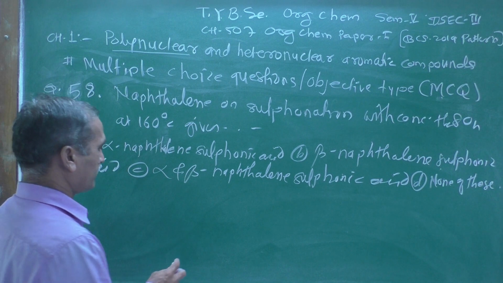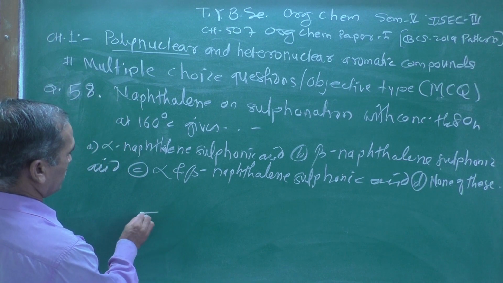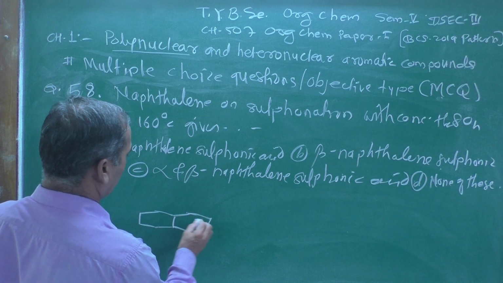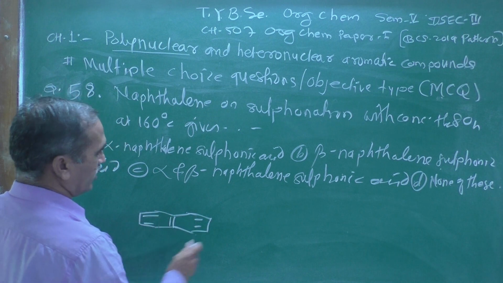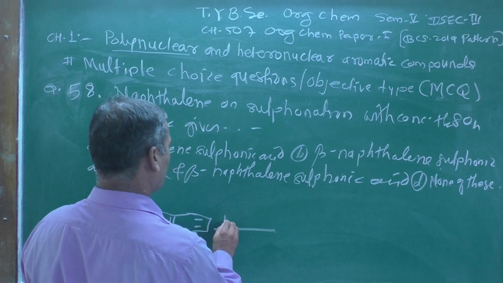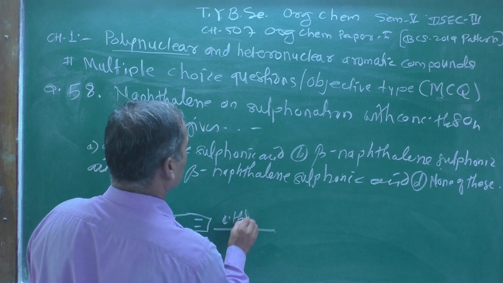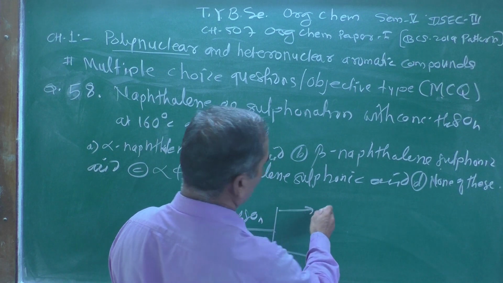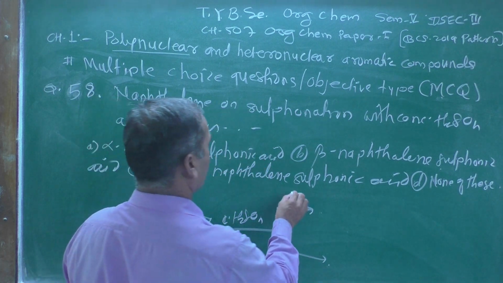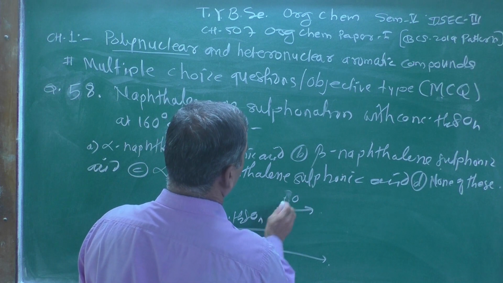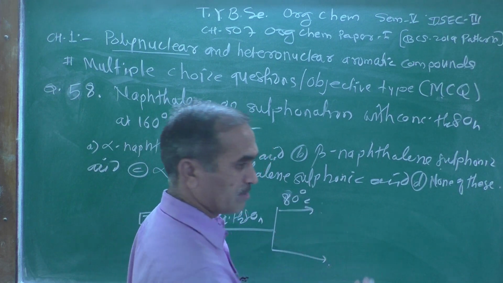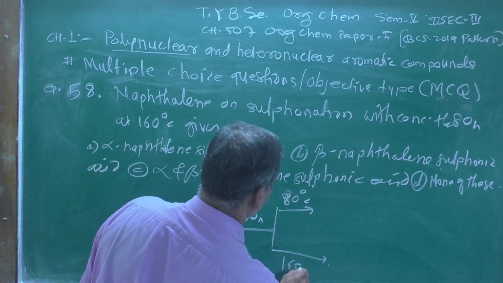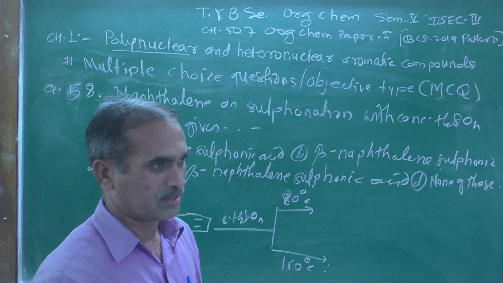If you remember, when naphthalene is treated with concentrated H2SO4, temperature matters a lot. When it is treated at 80 degrees centigrade, the product will be different from when it is treated at 160 degrees centigrade.